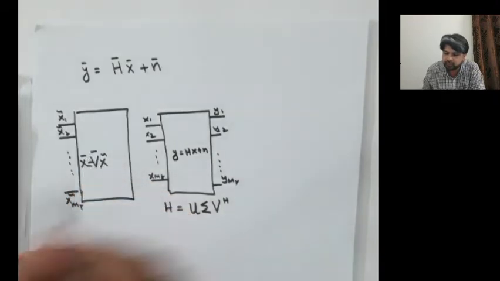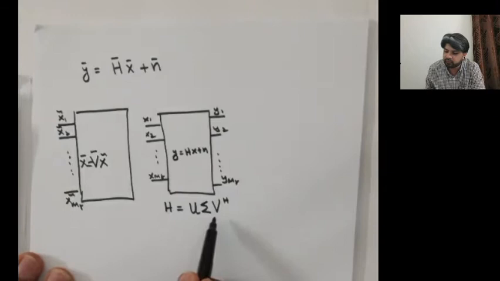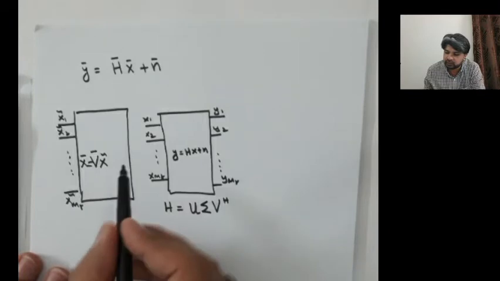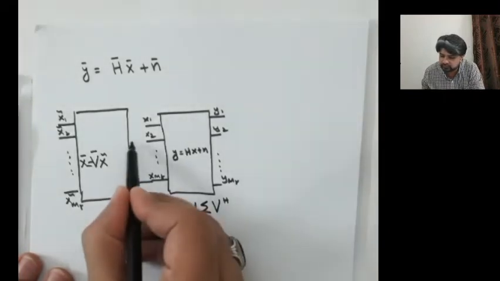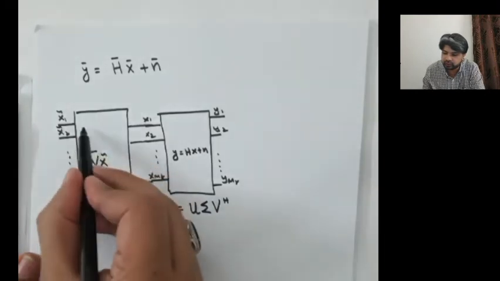Remember, this is a V matrix, and this V matrix is the same V matrix which we got from the channel decomposition. So if you want to pre-code in this manner, you have to have the channel state information at the transmitting end. This is called the transmit pre-coding.